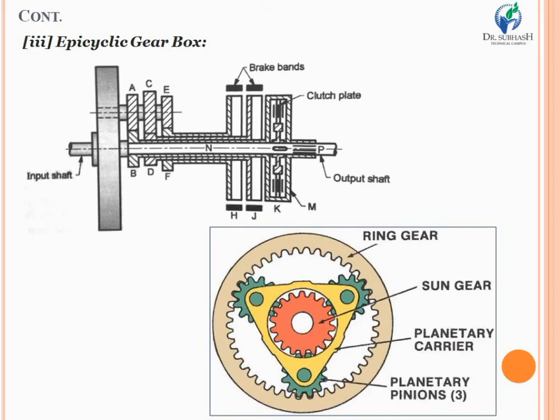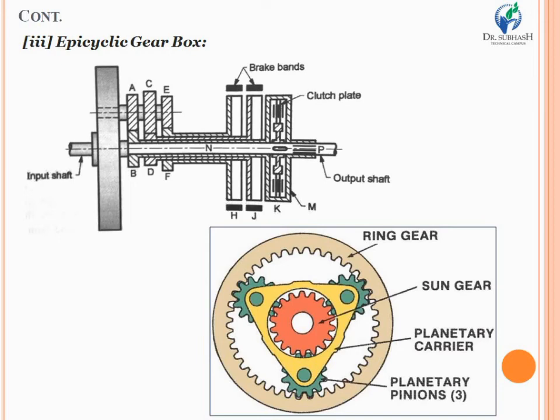You can see from the figure there are no sliding dogs or gear shifter, but in place of them we are using brake bands. If you tighten band brakes, you will have power transmission from one gear to another gear. In that way, by tightening any pair of gears, you will have different velocity and torque.